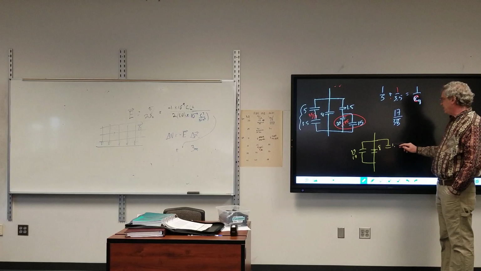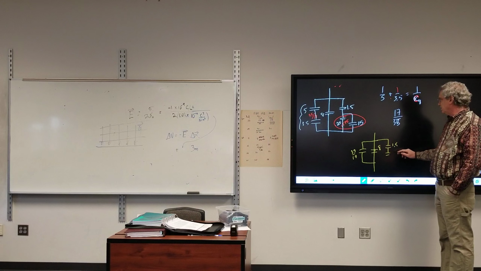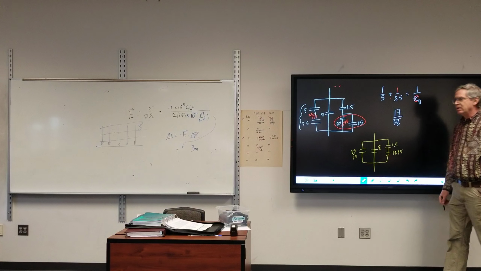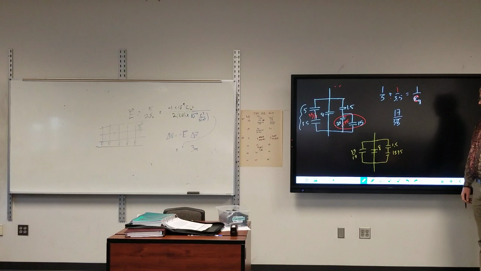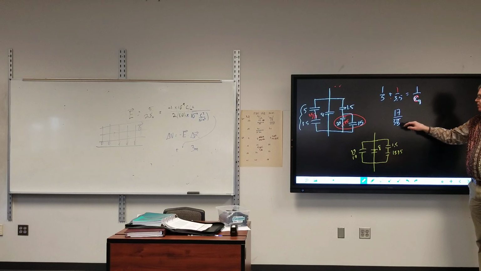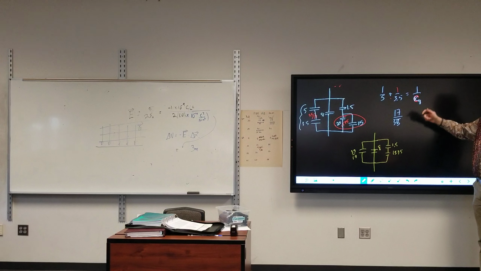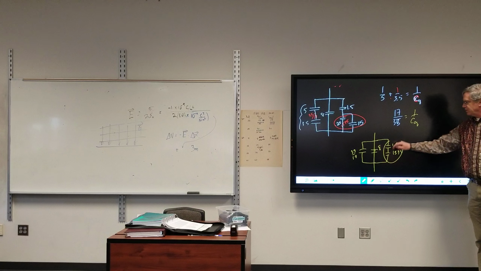We got 1.5 and 15.75. Do you need to flip the fraction, or did you do that by accident? It was 17/35 when I added those together, but then I take the reciprocal. That's 1 over the equivalent capacitance. Okay. And then you do 1.5 and 15.75. All right, we can combine those next.